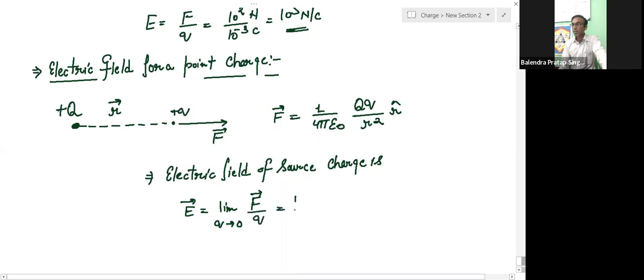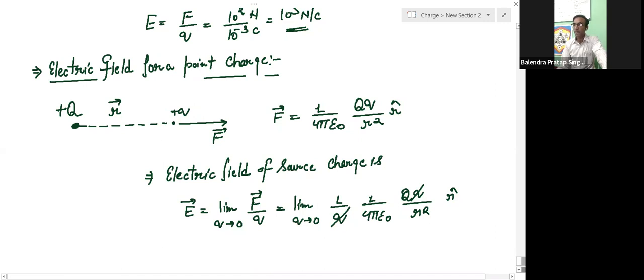Okay, so here limit q tends to 0, put the value of F here. So 1 upon q, what is the value of F here? Substitute this value, 1 over 4 pi epsilon naught, that is capital Q, that is small q, divided by r square, and it's r cap. So here this q and q will get cancelled out.